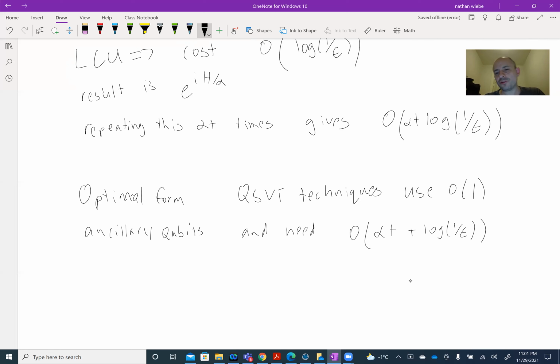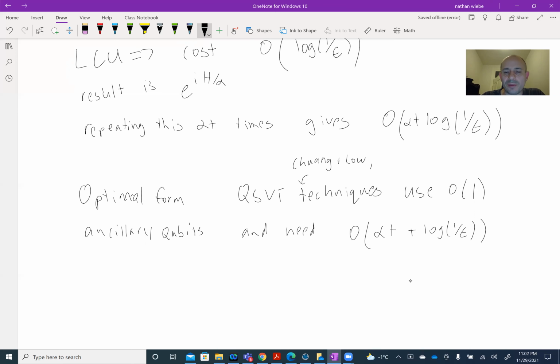So the biggest difference is they turn this multiplicative logarithm into an additive logarithm, which is really kind of awesome. These techniques were originally pioneered by Low and Chuang.